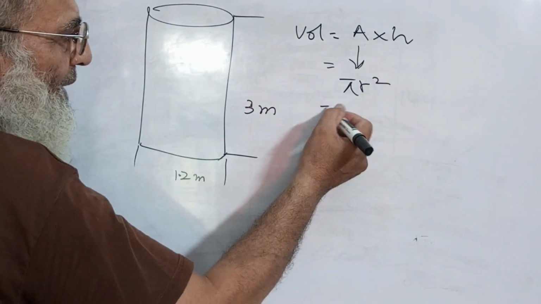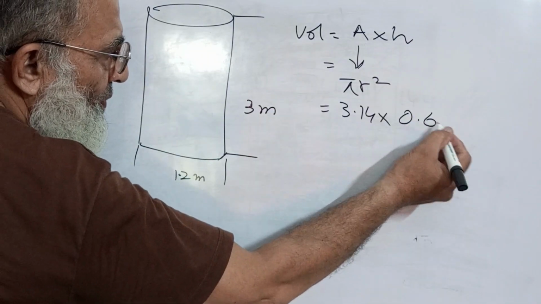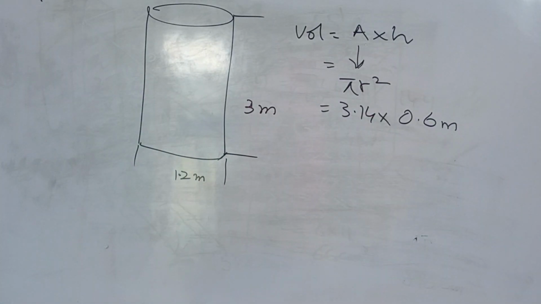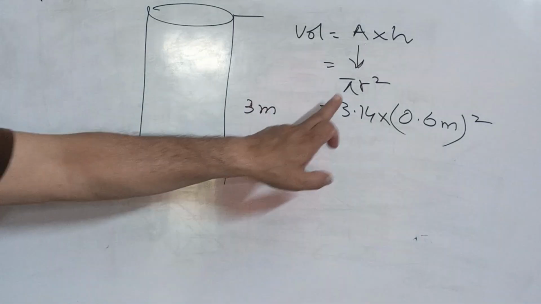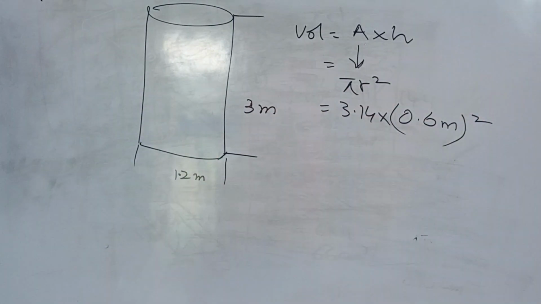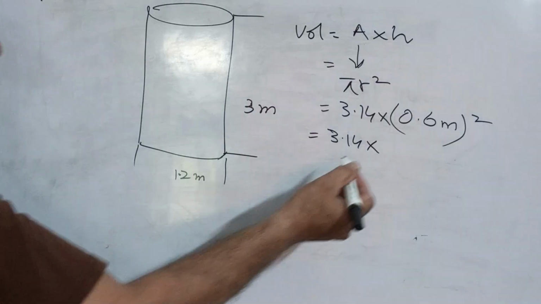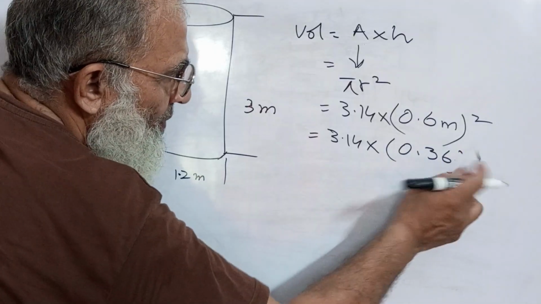The diameter 1.2 means the radius is 0.6, in meters. So pi r square becomes 3.14 as it is, and 6 times 6 is 36, so it will become 0.36 meter square.